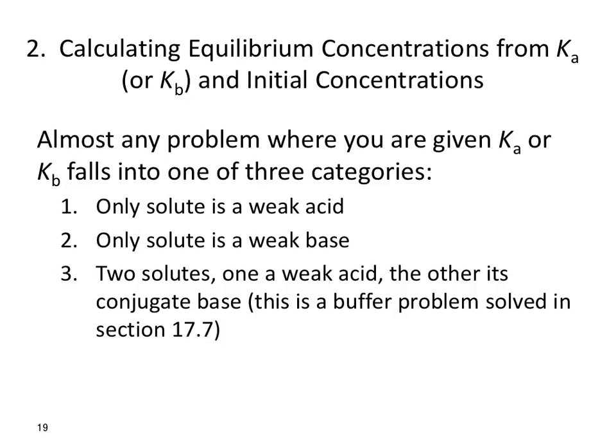For these two, because you're given initial concentrations and the equilibrium value, it's just like solving it like we did last unit. So you build your ice table and you solve for X to figure out what the equilibrium concentrations are. Something else sometimes happens, though, where you're given two solutes. One is the weak base, or the weak acid, and the other is its conjugate base. And this is actually a buffer problem that we'll solve later on in the unit.